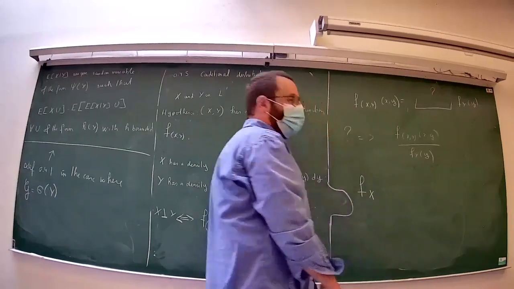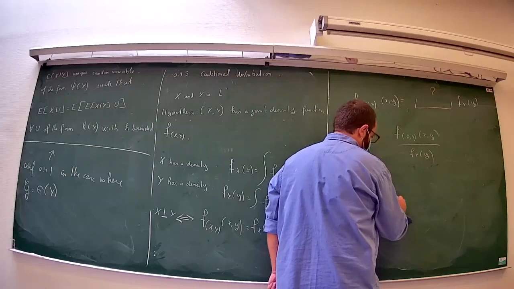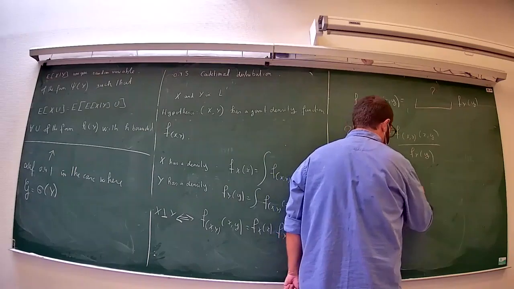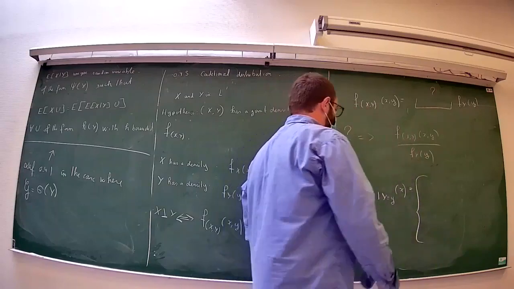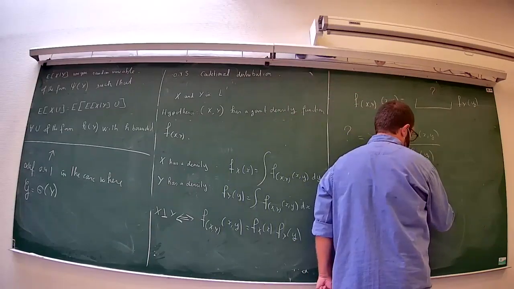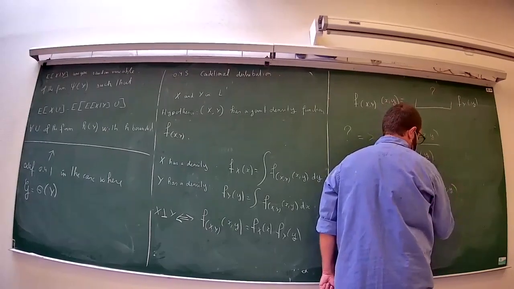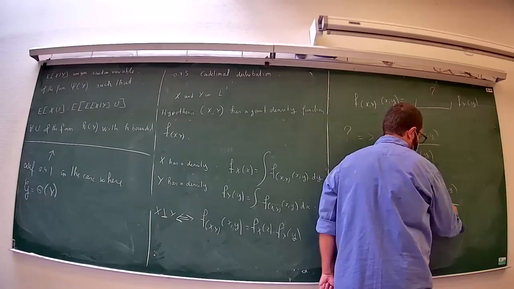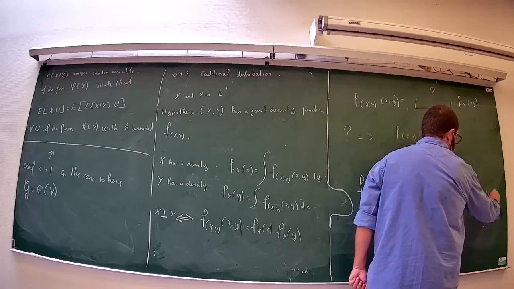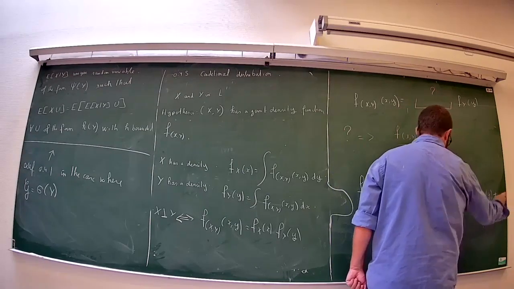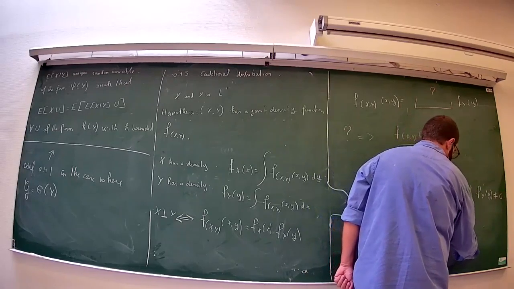What we call the conditional density of x given capital Y equal to small y, at the point x, is equal typically to f of x y over f_Y of y if f_Y of y is different from 0, and 0 otherwise.